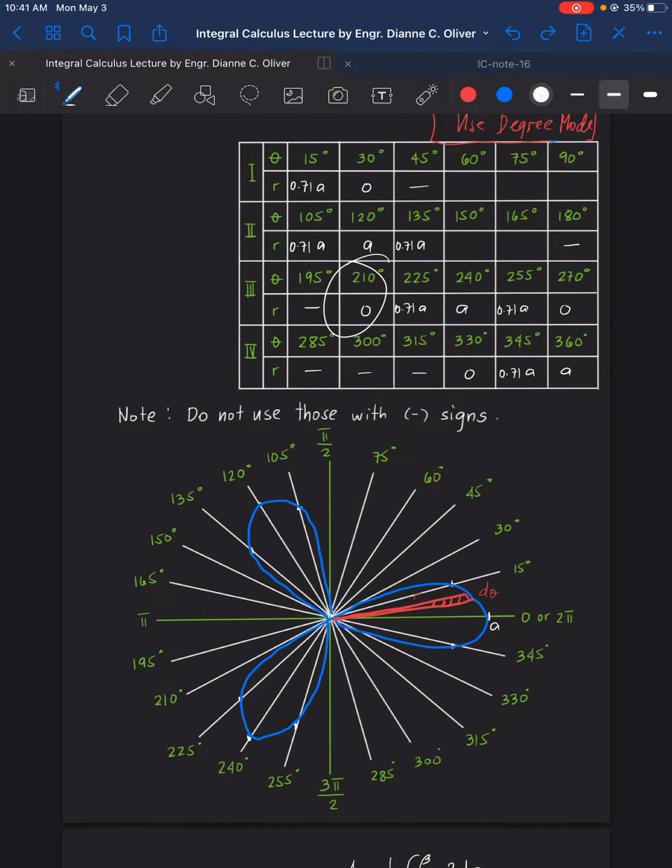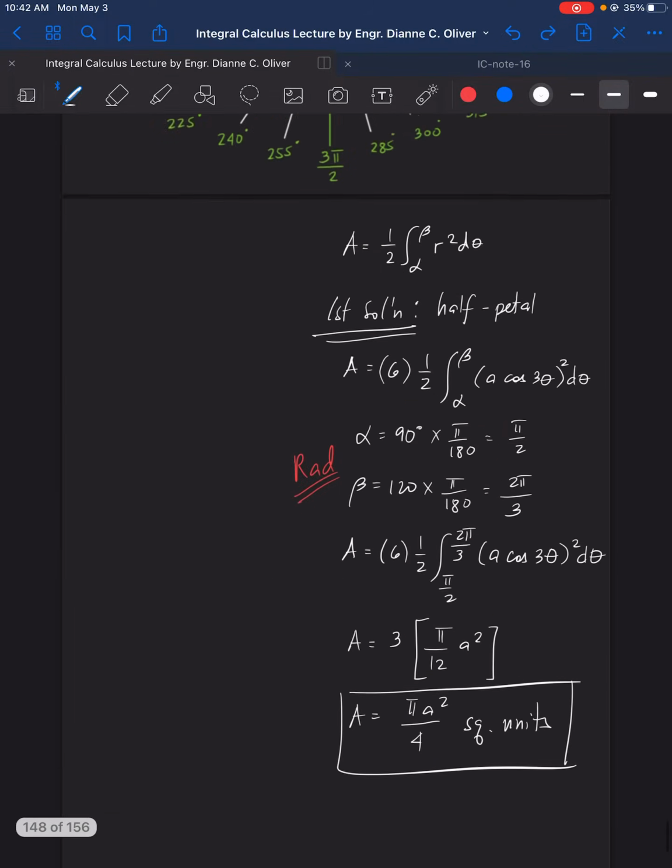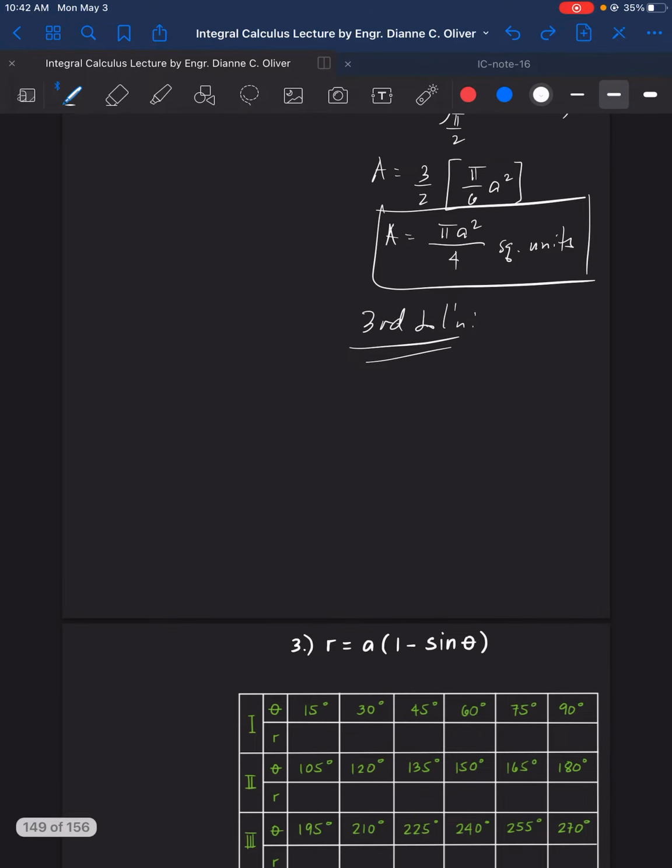If you are considering the petal at this portion here, you have the alpha at 330, and where it closes again will be at 30 degrees. So you go the revolution here to that point. Let's put that in the third and fourth solution.